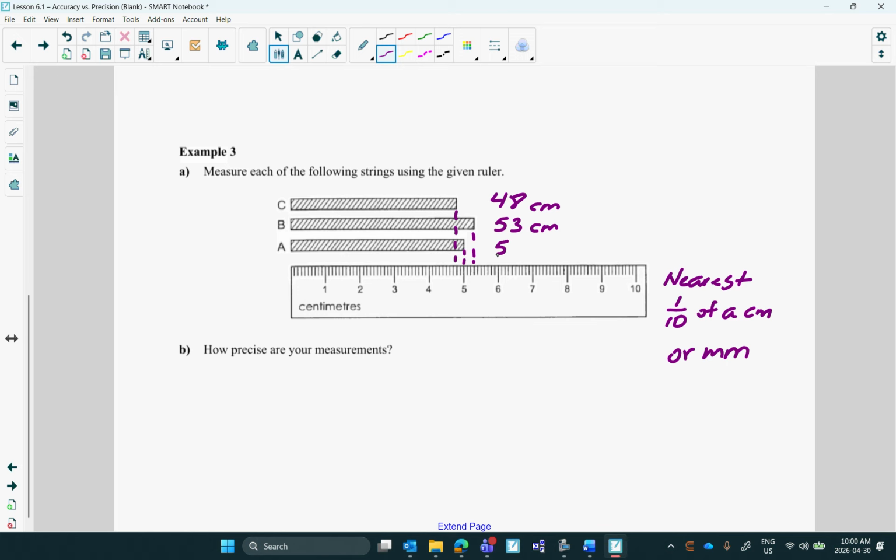Yeah, so that looks like it's pretty close to 50. So we're a little more precise now, right?